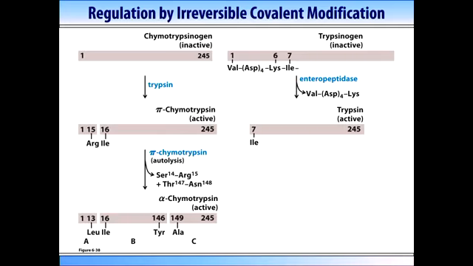So the cells wanted these weapons to be deployed only when they're in the intestine, right? So once it gets inside the intestine, there is another effector, which is trypsin, which cuts off this little part of the chymotrypsin, rendering it active, and so on.